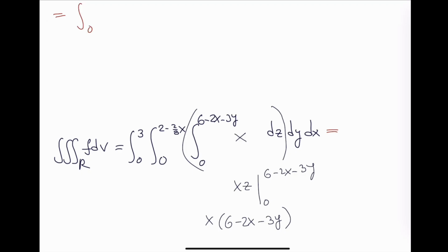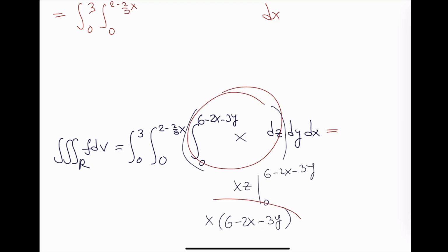Then the integral 0, 3, I'm going to copy everything the same. This is 0 and 3 dx, and inside we're going to put this one, 0 to 2 minus 2/3 x.